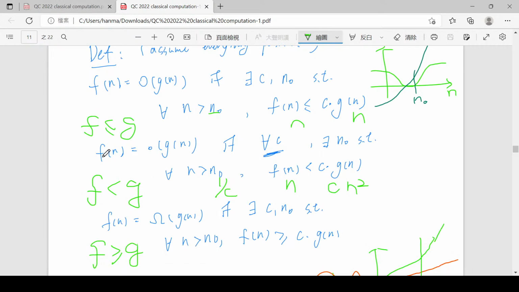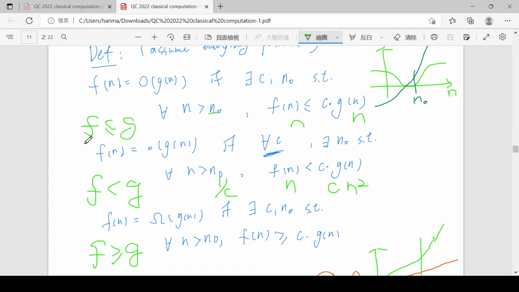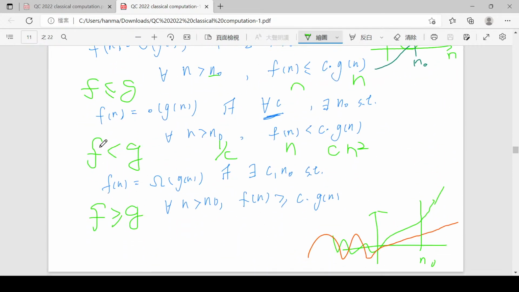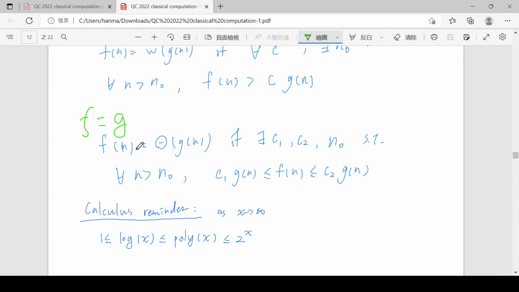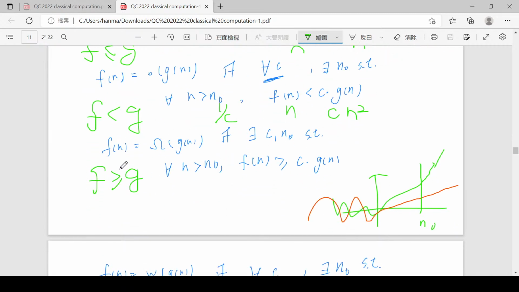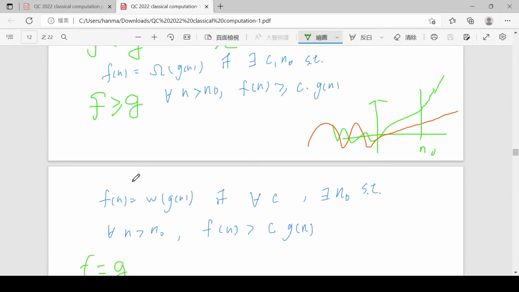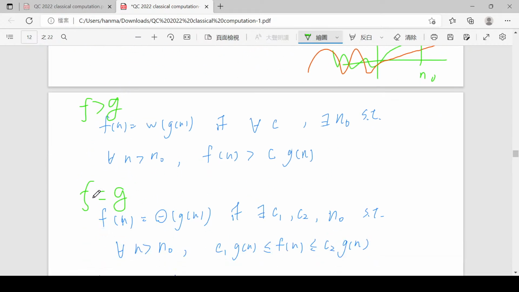But I think the bottom line is, you can remember these 5 ideas of the relationships. So big O is like F less than or equal to G, small o is like less, big omega is like greater or equal, and small omega, I didn't say, small omega is like greater, and big theta is like equal.